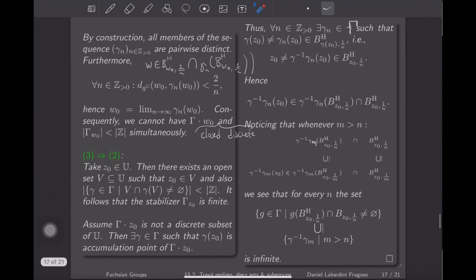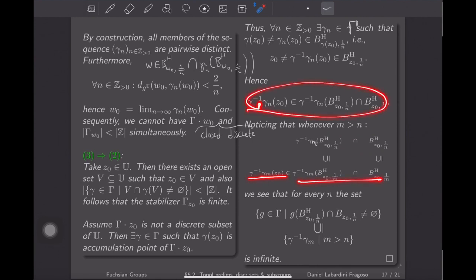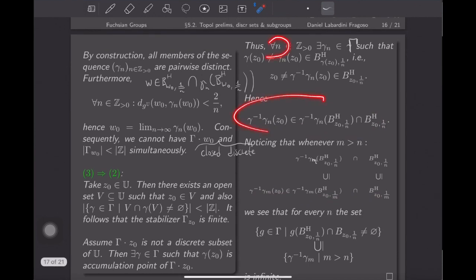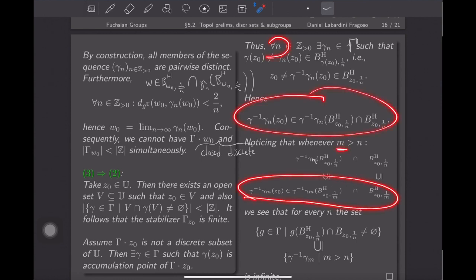Right, and then you see this point really lives in this intersection, because this was for every n, so if I move forward, I still have the same property.